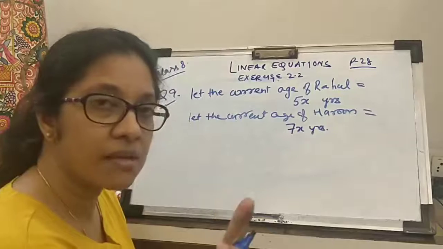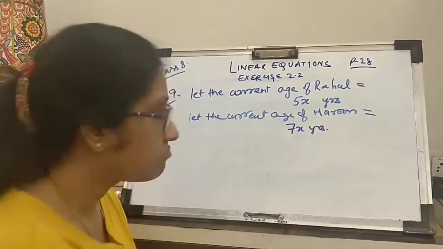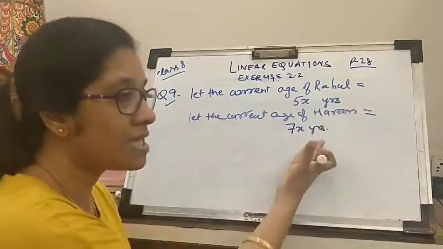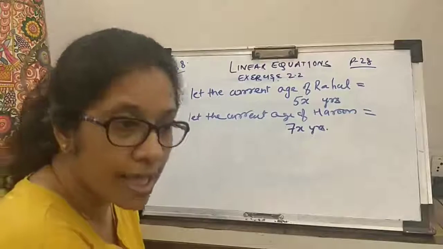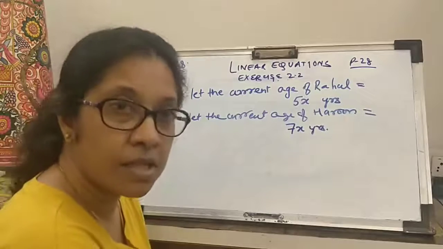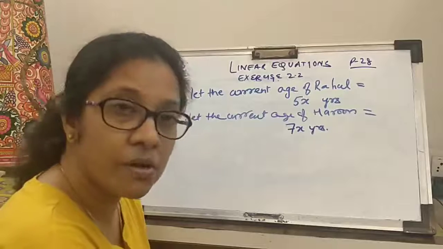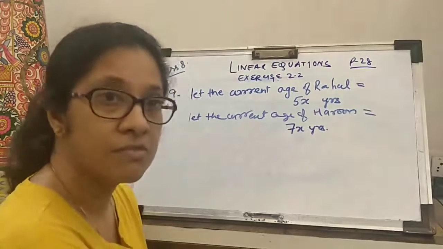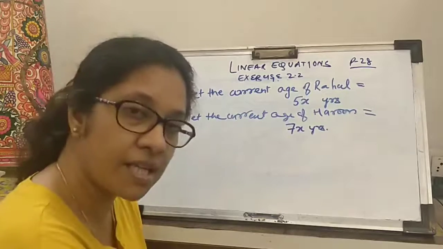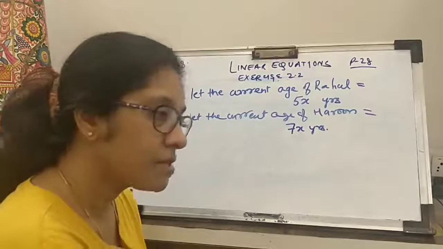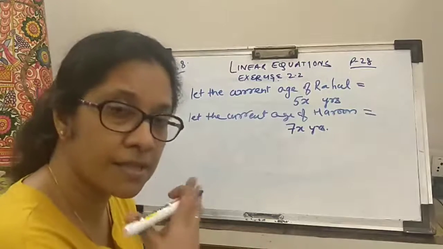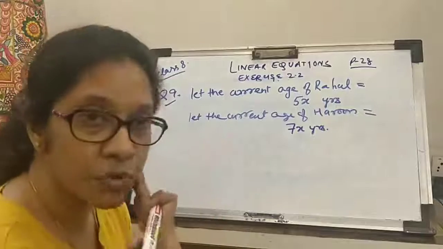After 4 years, what will be their ages? Plus 4, plus 4. If today you are 13 years old, what will be your age after 4 years? 13 plus 4, 17 years, isn't it? You simply add those number of years to your current age. So that's what I'm doing.